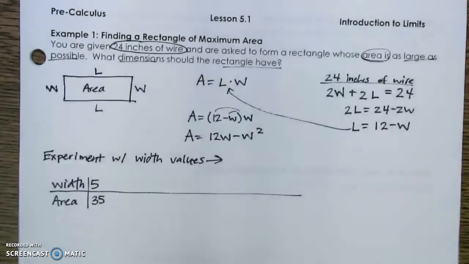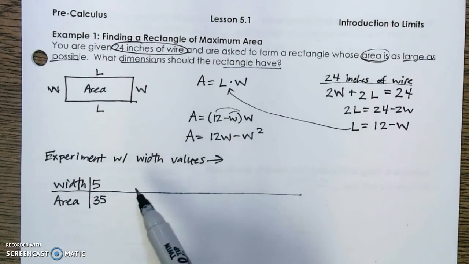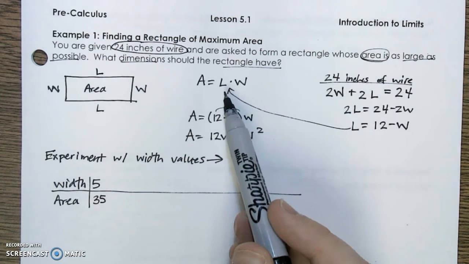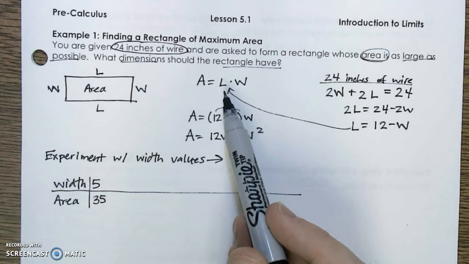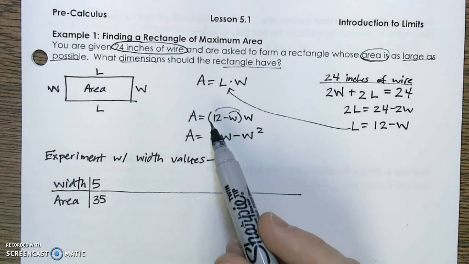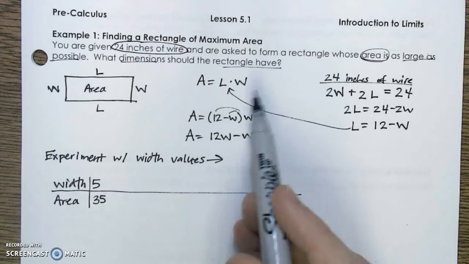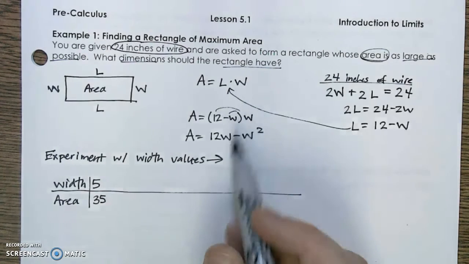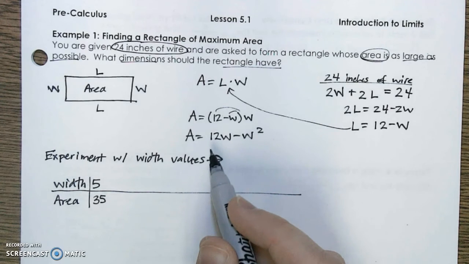Now that's pretty big. If you try different widths and lengths, you'll see that the largest we're getting is probably between 5 and 7. So probably 6 is the width that will give us the largest area.